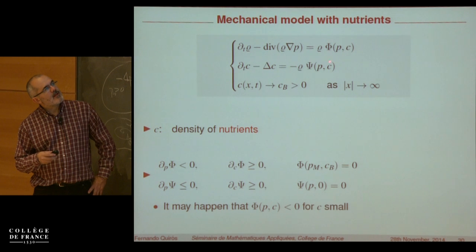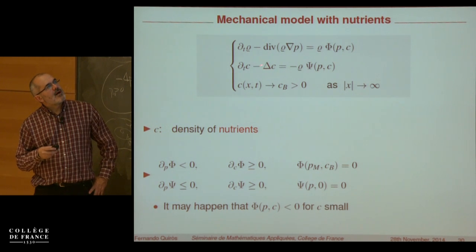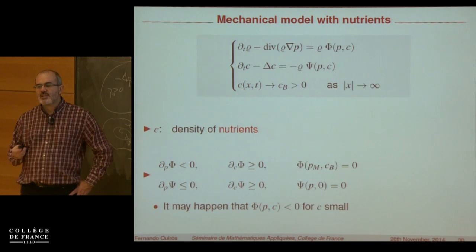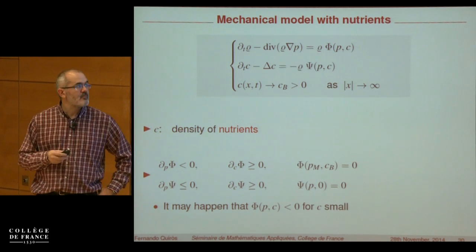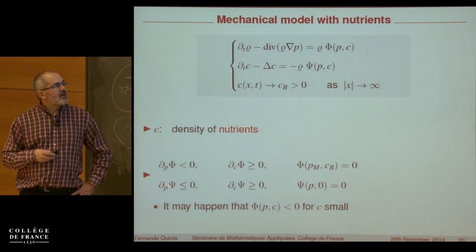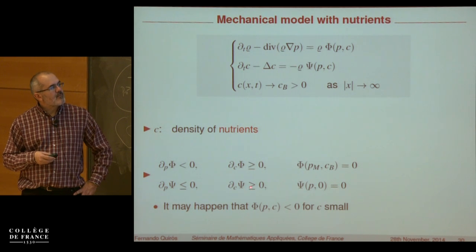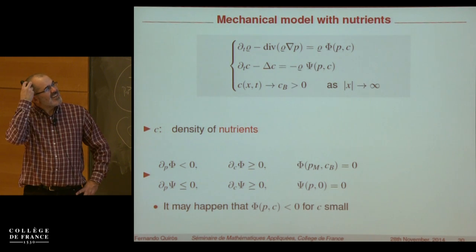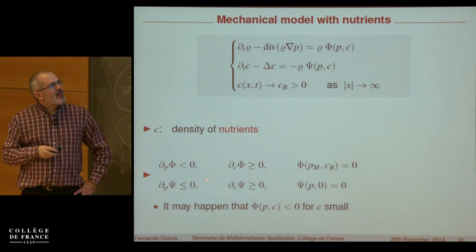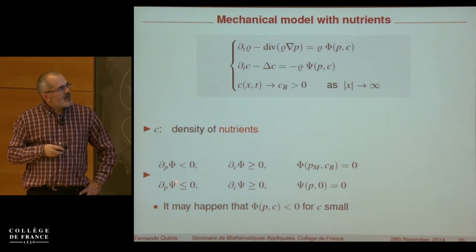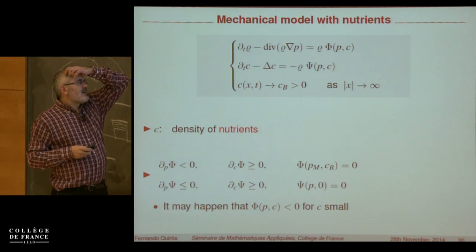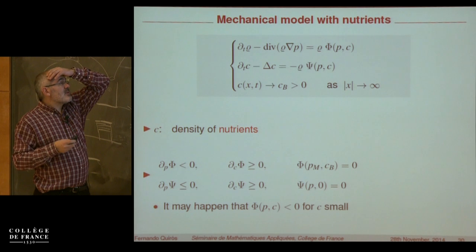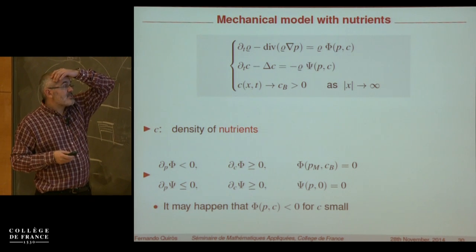So this function tells you how nutrients are consumed, and of course, things that are good for multiplication are bad for the nutrients. So this should decrease with the pressure. The bigger the pressure, the less multiplication, so less consumption of nutrients.